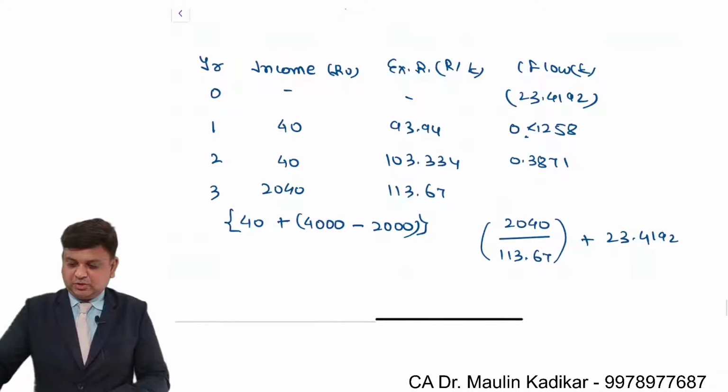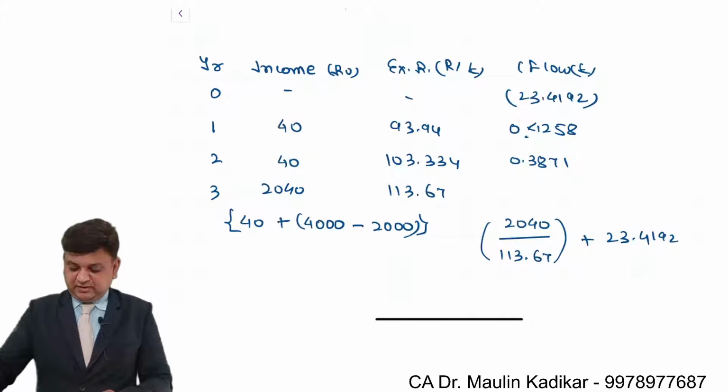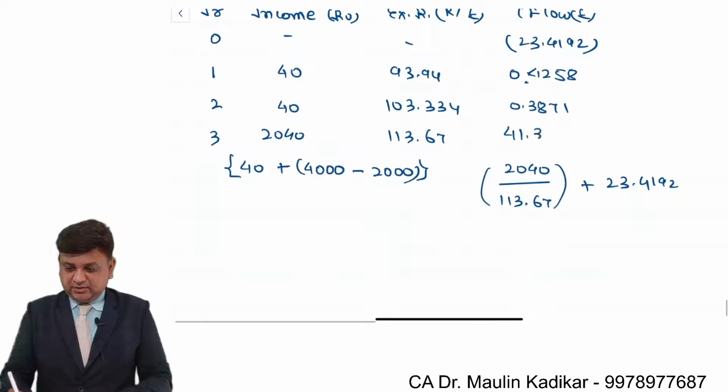So 2040 upon 113.67 comes to 17.9467, plus 23.4192, so it is 41.3659.